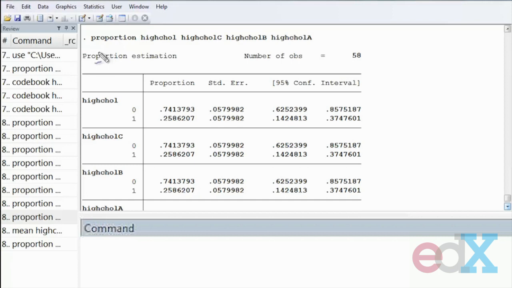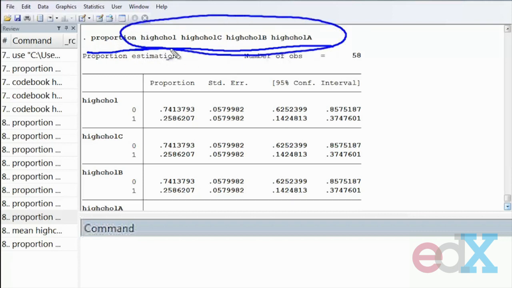Now, know what would happen if I would have tried to calculate the prevalence of high cholesterol all at the same time, including all these measures of cholesterol. You look down here and you see that you get weird results. You see that everyone has the exact same estimate of high cholesterol, and we're only using 58 observations. So this is one of those things with missing data in Stata.